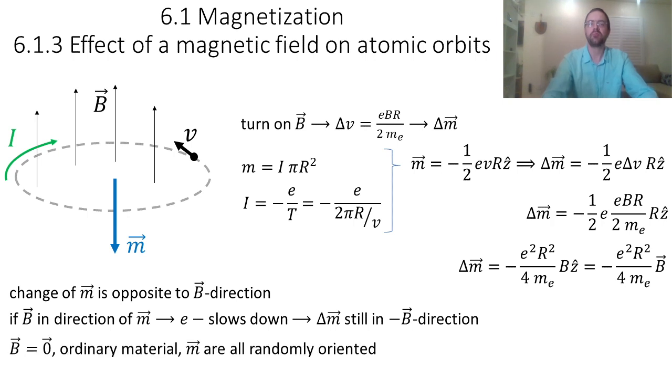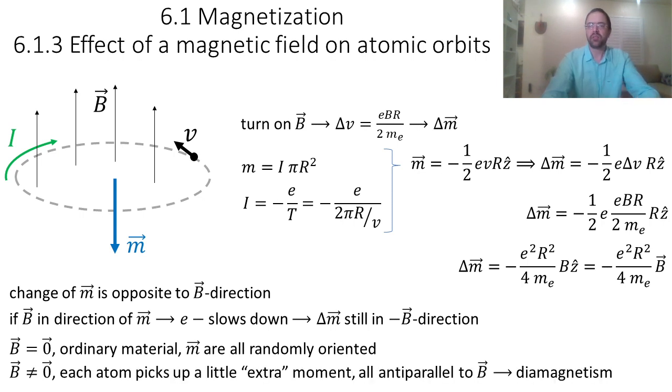And so in summary, when B equals 0 in an ordinary material, the dipole moments are all randomly oriented. And when B is different from 0, each atom will pick up a little extra moment, and all the little extra moments will be anti-parallel to B. That is what we call diamagnetism.